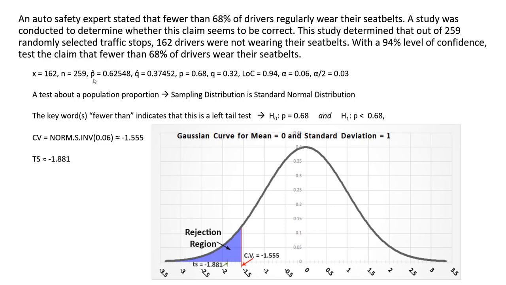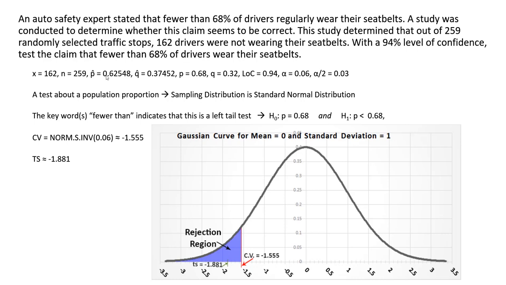It looks sort of like it proves otherwise, because when we conducted our study, we came up with roughly 62.5% of the people. But that might not be enough people in reality. If we only, say, had 10 people and roughly 6 of them were not wearing their seatbelt, 10 people is really not enough to determine that fewer than 68%.